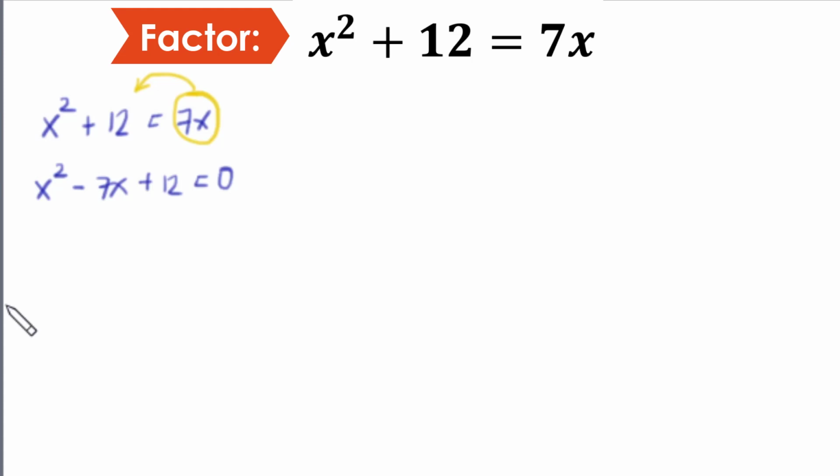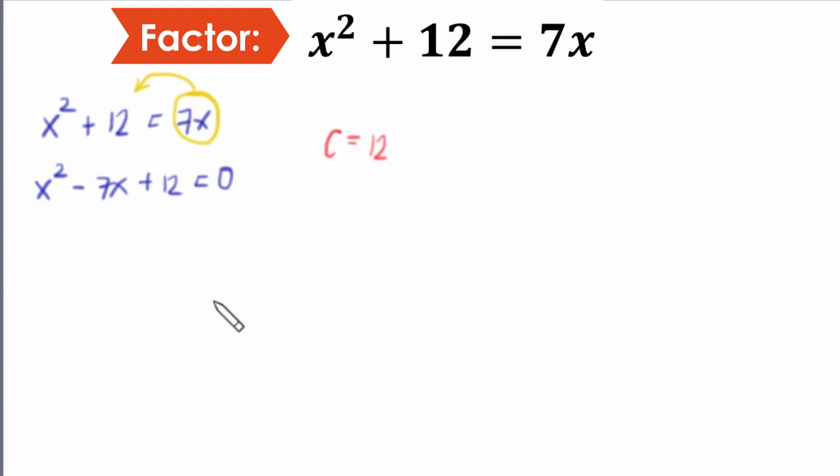Okay, so since the given equation is already in the standard form, let us first get the factors of this quadratic equation. So take a look at the value of your c. Your c is 12.